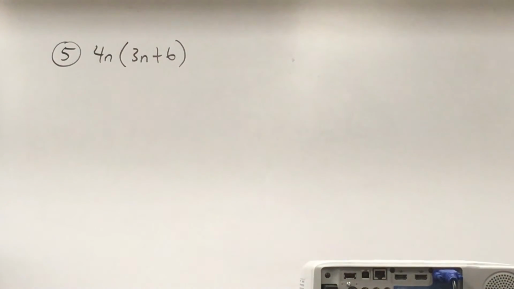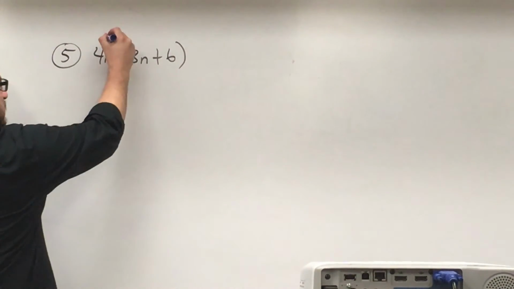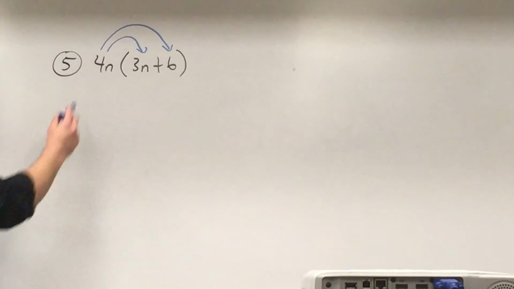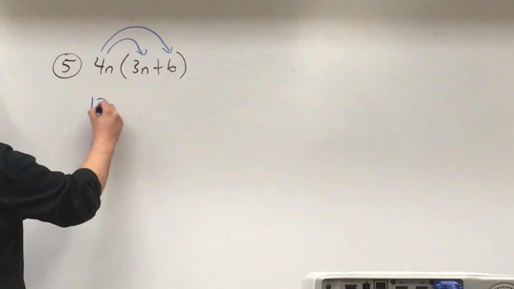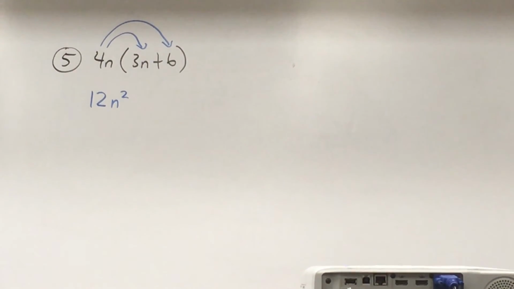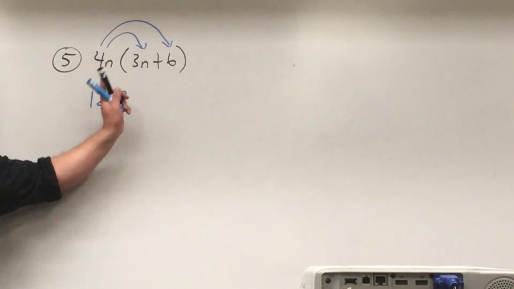Distributive property means let's go ahead and distribute the first term to the first term and to the last. So we actually get 4 times 3 is 12, n times n is n squared. Remember, when you have the same base, we add the exponents.